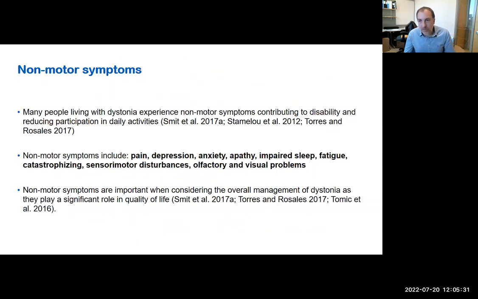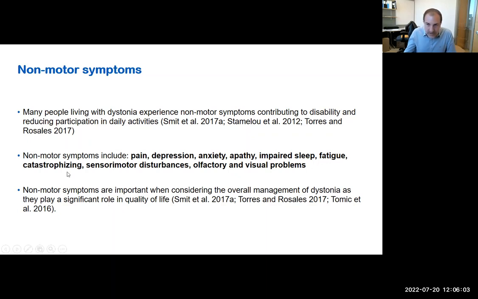The spectrum of non-motor symptoms in dystonia is quite broad, as I mentioned at the beginning, and relatively complex. Apart from the already mentioned ones that I will delve deeper into in the next slides, I also would like to highlight that people with dystonia may at times complain of apathy, which may or may not be related to depression, and this definitely needs to be investigated.